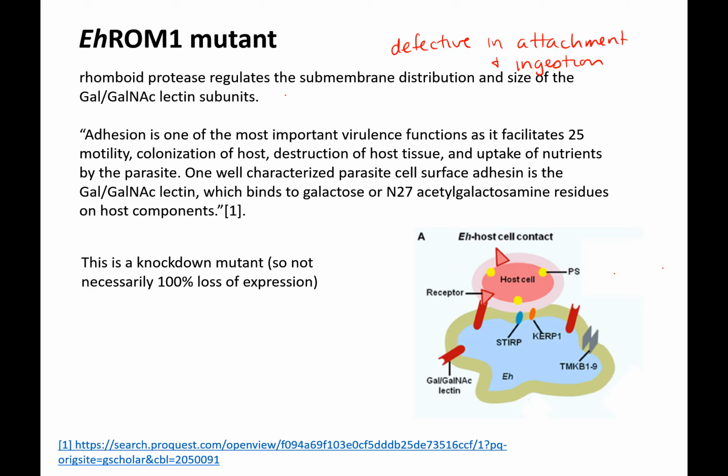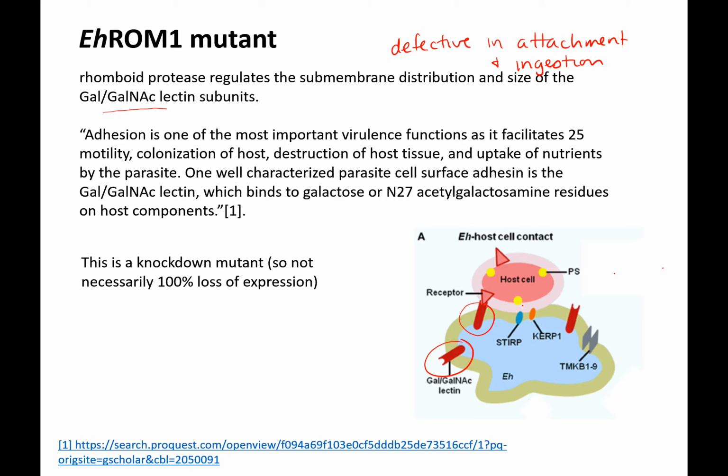So it's a protease, regulates the submembrane distribution and size of the gal-galnac lectin subunits, and that's shown right here. That's important for attaching to the host cell that it's going to either eat or nibble.